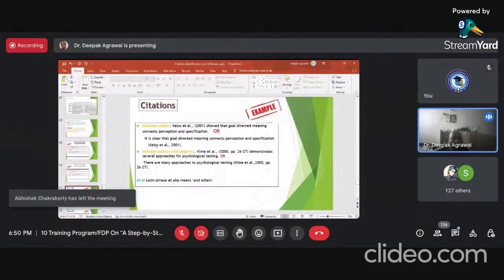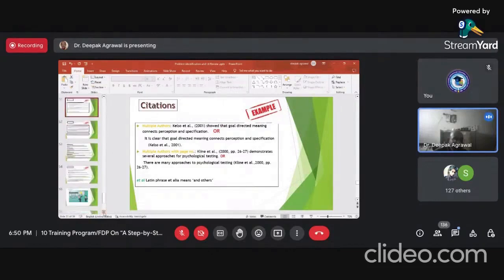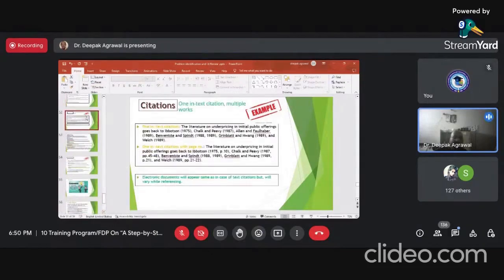Here again, it has been used at the end, and along with the page numbers, it can be quoted simultaneously. But once you are providing the references, you need to provide all the authors' information in referencing. This is basically done only to save space, because we have a limitation in print media, but in online media we have liberty about it.